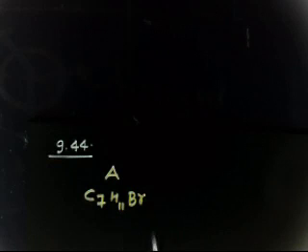So I have a compound A, and this compound having formula C7H11Br. So this is the molecular formula of this compound.